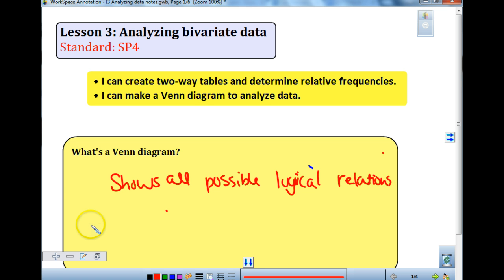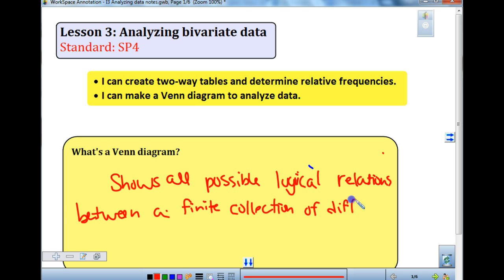Now, when we think about those relations, usually the relations are going to be between a finite collection, which just means you have a certain number, of different sets. Usually you see 2.